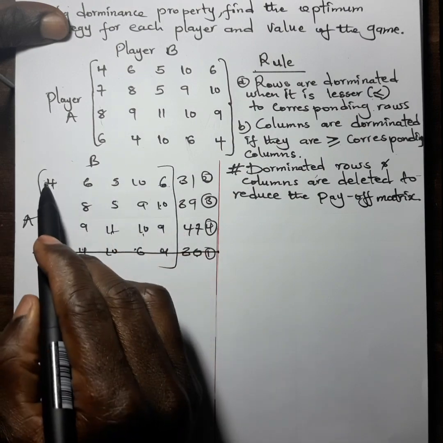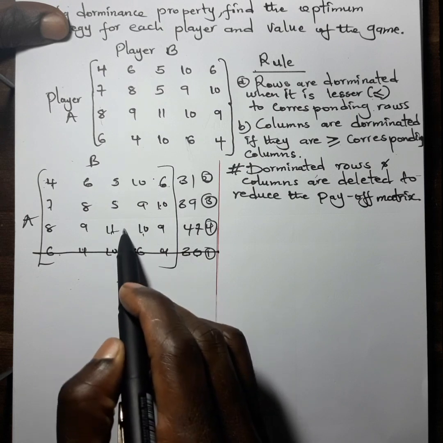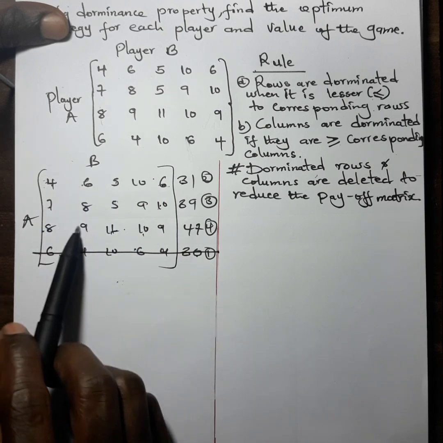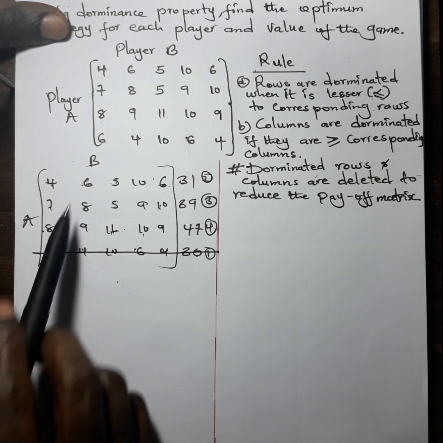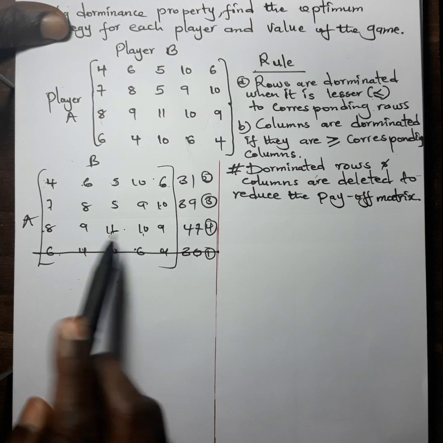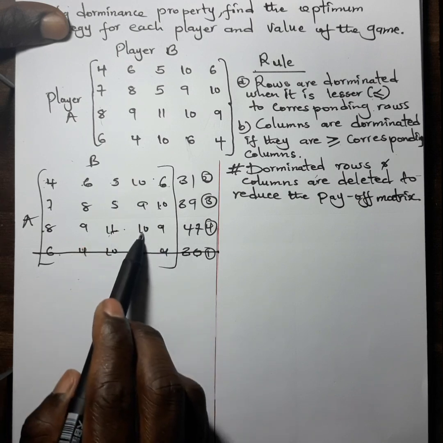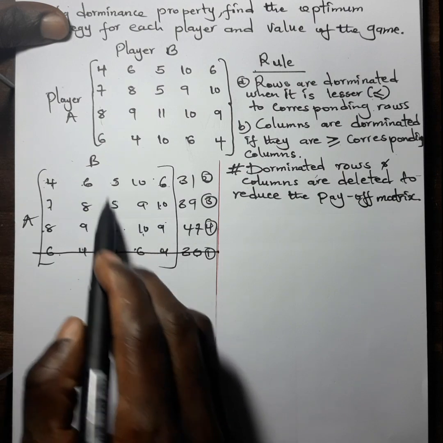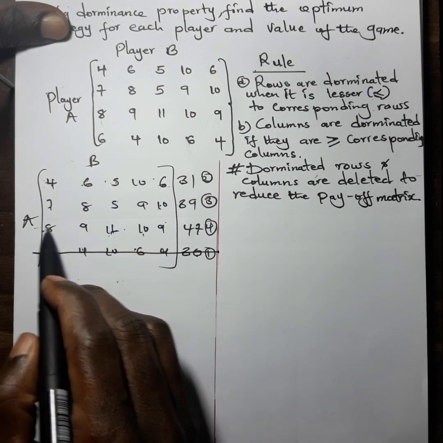So we compare the first row with the third one. 4 less than 8, yes. 6 less than 9, yes. Less than 11, yes. 10 equal to 10, yes. Less than this one, yes. So this row is dominated by the third row.